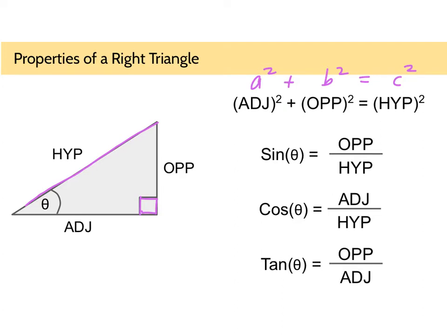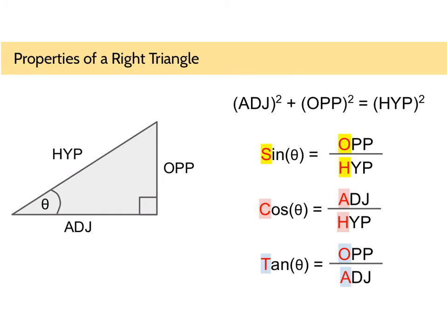The opposite side is the one that is directly across from the angle, and the adjacent is the one that is right next to the angle. It helps to form the angle itself along with the hypotenuse. We'll be going through each of these trig functions within some examples, but again, make sure you write them down if you need to.